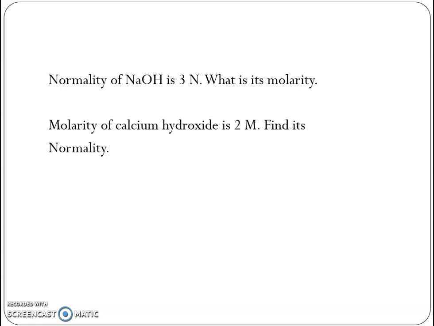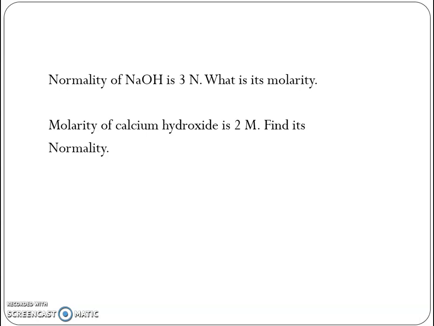Normality of NaOH is 3 normal. What is its molarity? So you first need to know the acidity of NaOH. You can see NaOH contains 1 hydroxide ion. So its molecular weight and equivalent weight will be the same. Molarity will also be 3 molar.